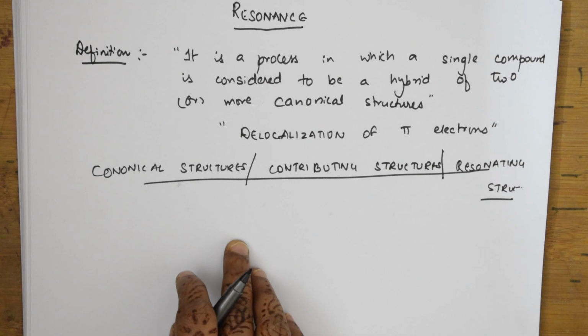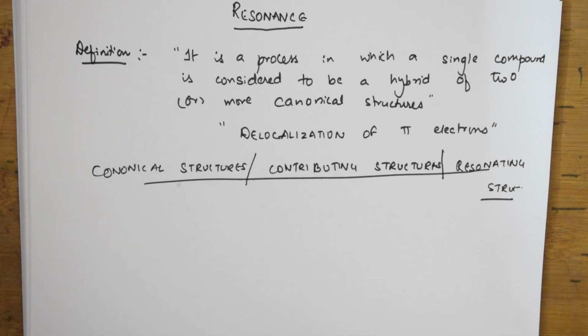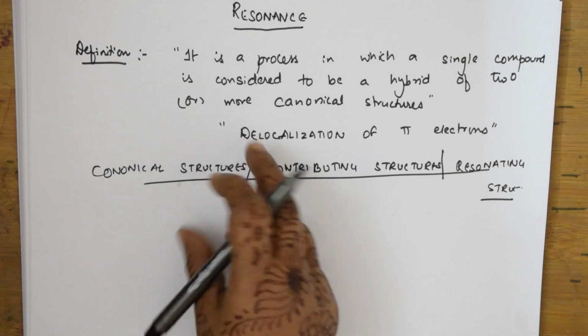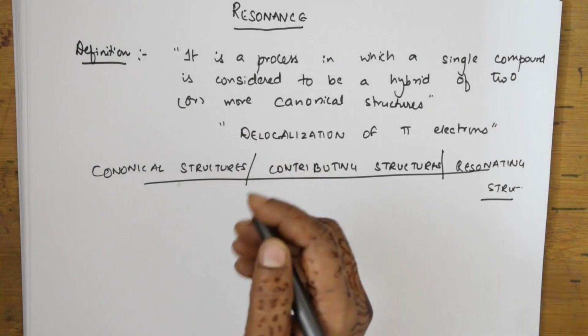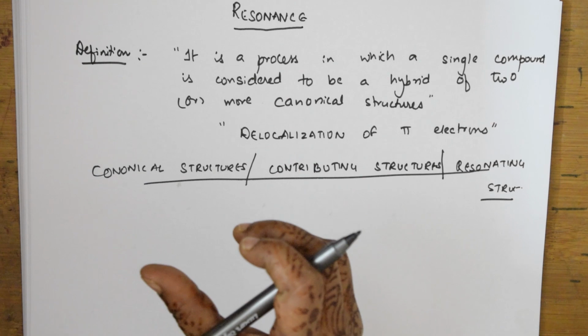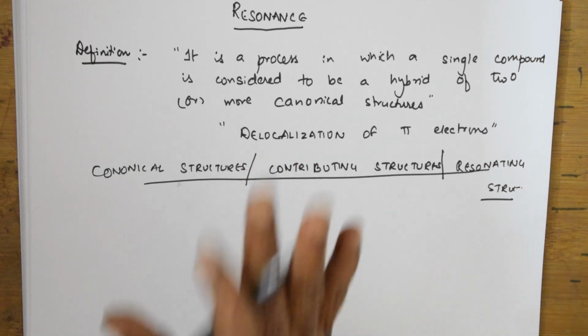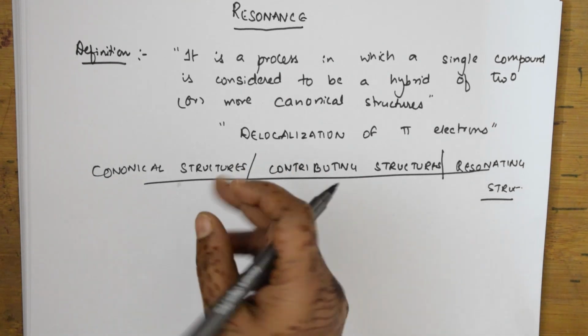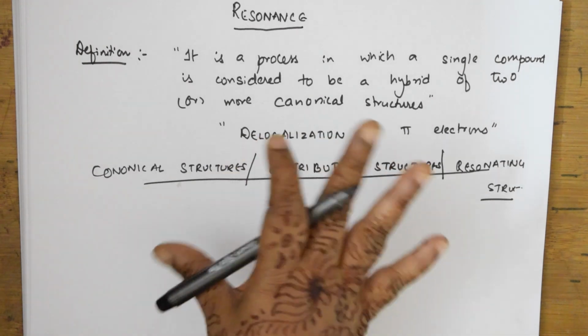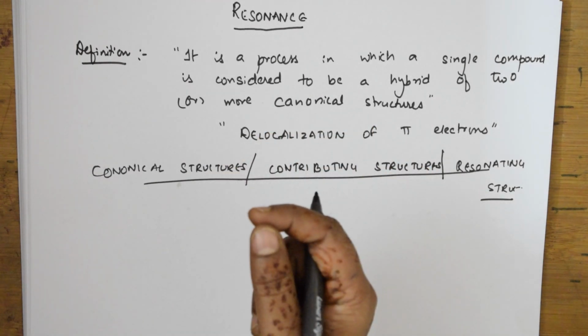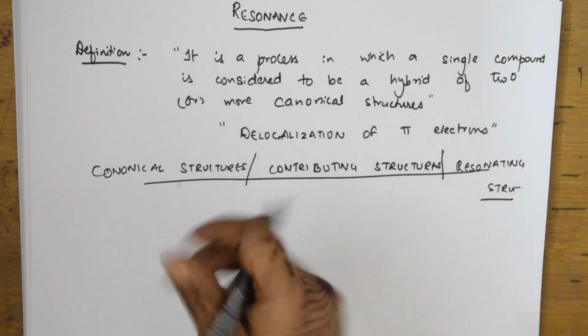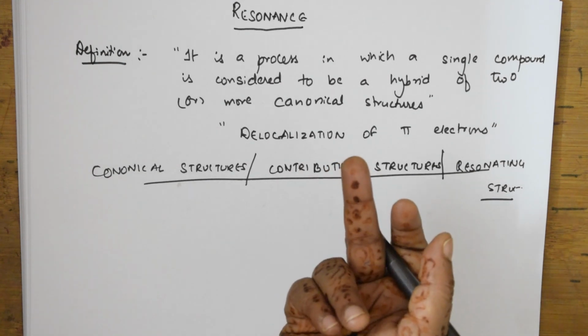Let us assume I have a molecule and I have to explain its different properties. When all the properties of the molecule cannot be explained by a single structure, I start drawing many structures of it.